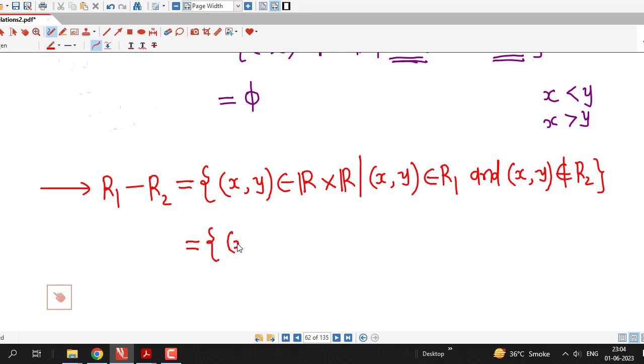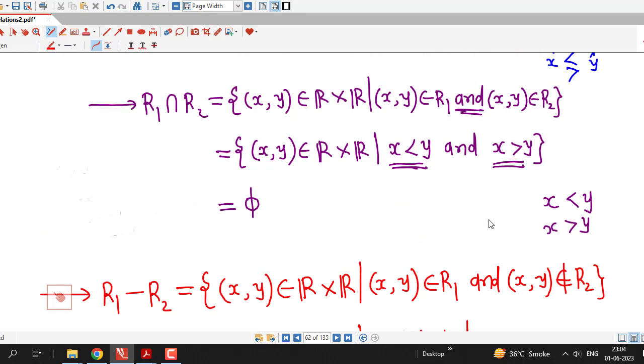This means we have to write down all those ordered pairs from R cross R such that xy belongs to R1, that is x is less than y, and xy is not in R2.